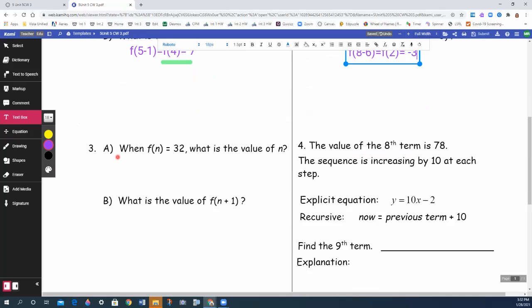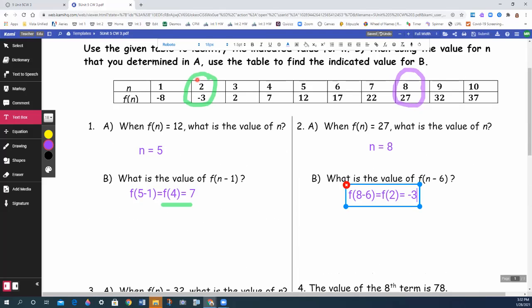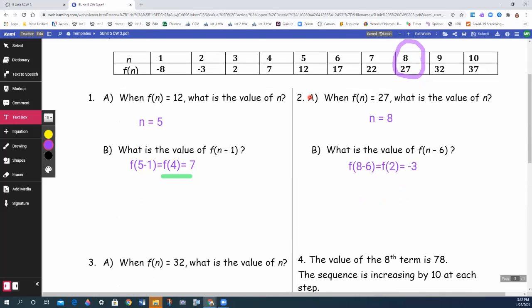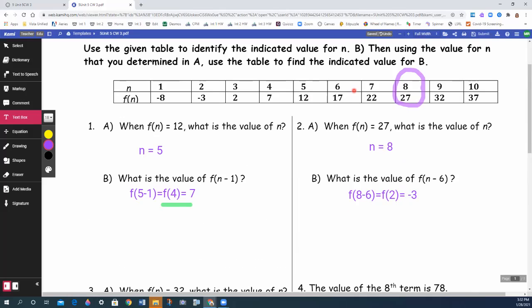Okay, so when f of n is 32, what is the value of n? I want where it is 32.